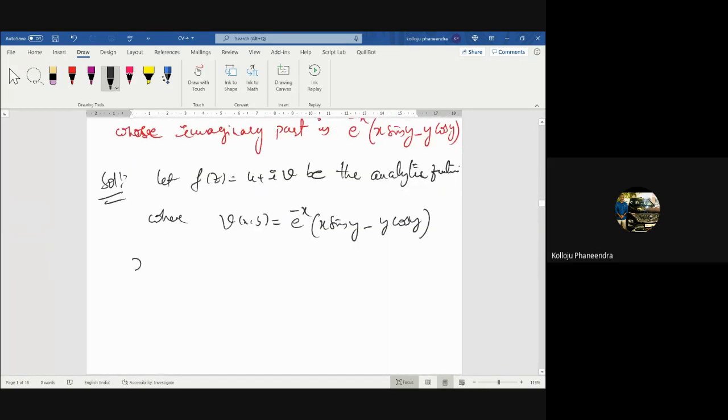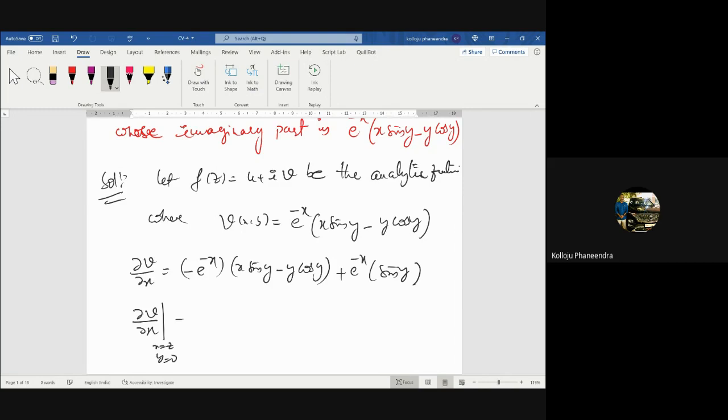Now you calculate the derivatives first, ∂v/∂x and ∂v/∂y at the point x equal to z, y equal to 0. ∂v/∂x means first one, this part derivative, this is treated as constant. Next one, plus e to the power of minus x taken as constant, and this is nothing but just sin y. Now ∂v/∂x at x equal to z, y equal to 0: this is minus e to the power of minus z, y equal 0 means this is 0.